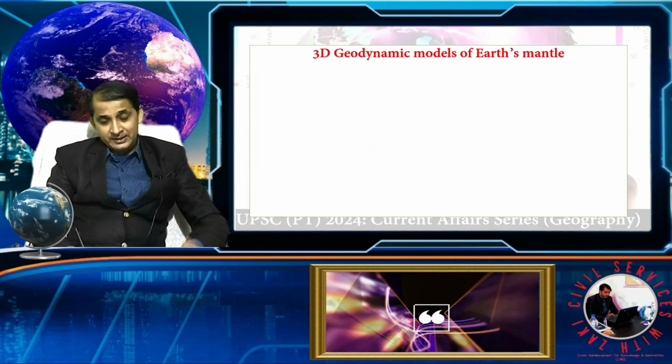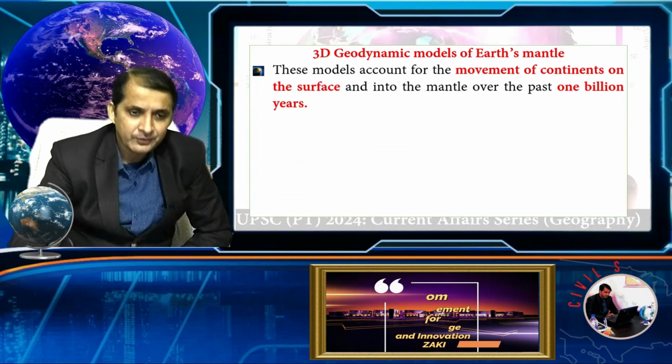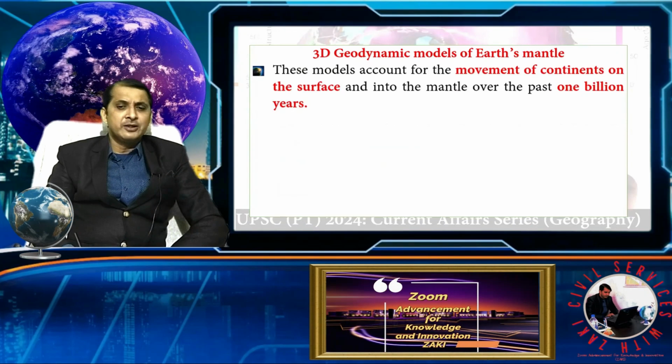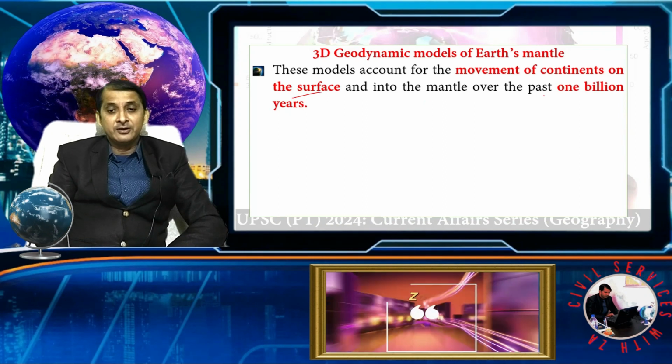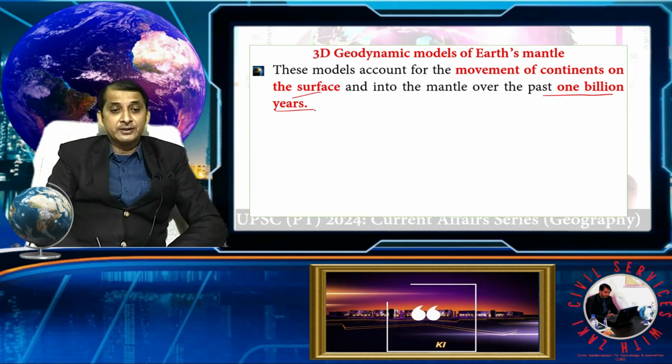So what is this model? This model accounts for the movement of the continents on the surface and into the mantle over the past 1 billion years.